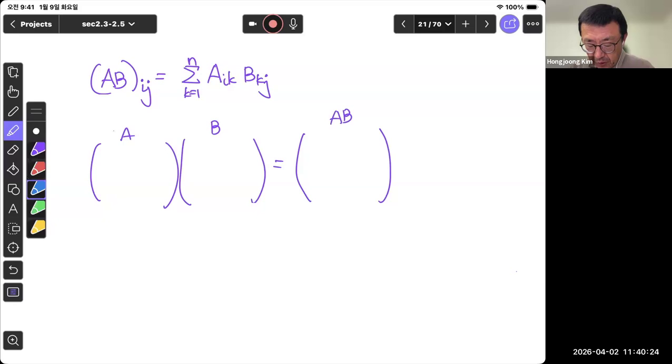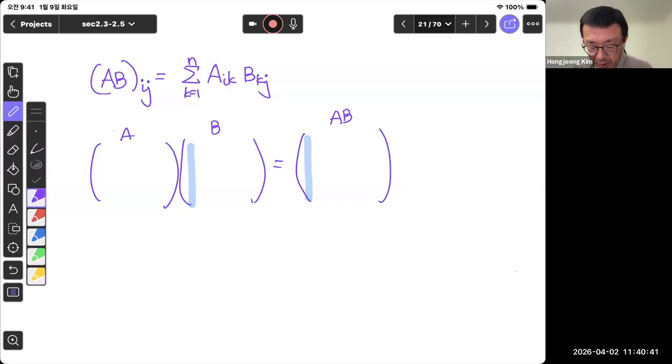To obtain the first column of A times B, you multiply the entries in A with the first column of the B matrix.